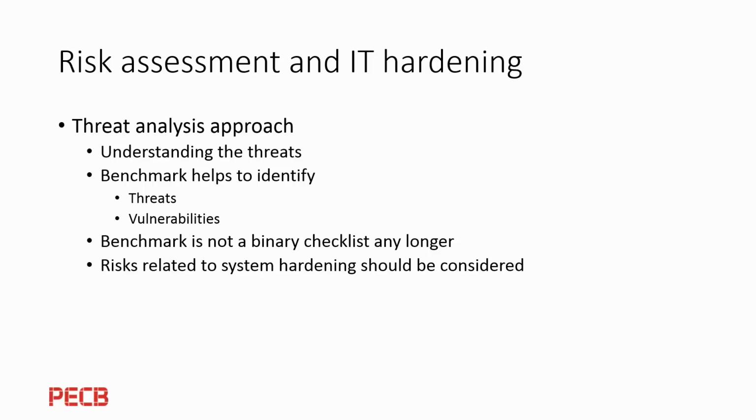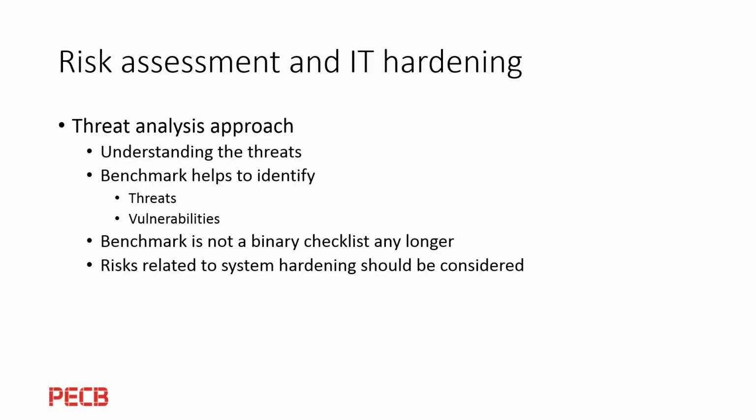So the good approach would be to take the benchmark, analyze each requirement or each group of requirements, and find out against which threat this group of requirements protects the system. If we know it, we may perform the risk assessment process and find out which requirements are really important to protect the configuration of our system.